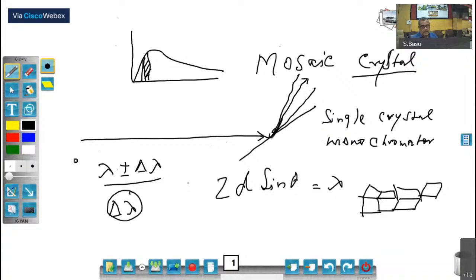This is necessary because, again and again, I am harping that you have only 10 to the power 9 neutrons. Even if you go to a very high power reactor, it will be a similar number, maybe 10 times more, maybe 15 times more, not more than that. Tiny compared to a synchrotron or even a laboratory X-ray source.